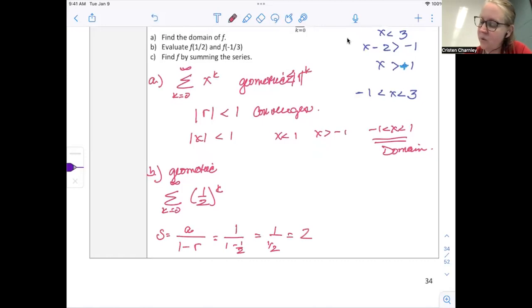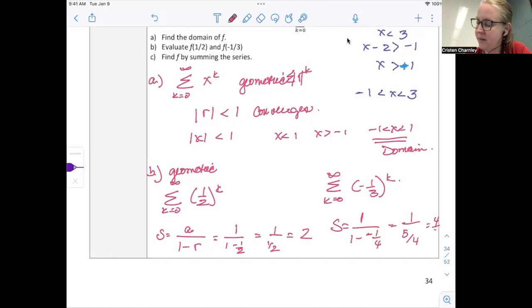F of -1/3, same idea. We're going to put that -1/3 in place of the ratio. Now my sum is 1 over 1 minus -1/3. So I have 1 over, add that up, that's 5/3, 5/4. This winds up to be 4/5.